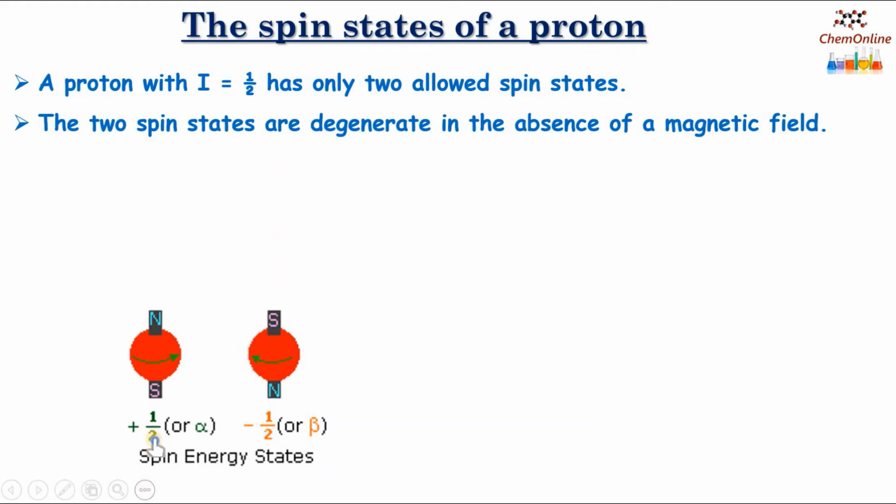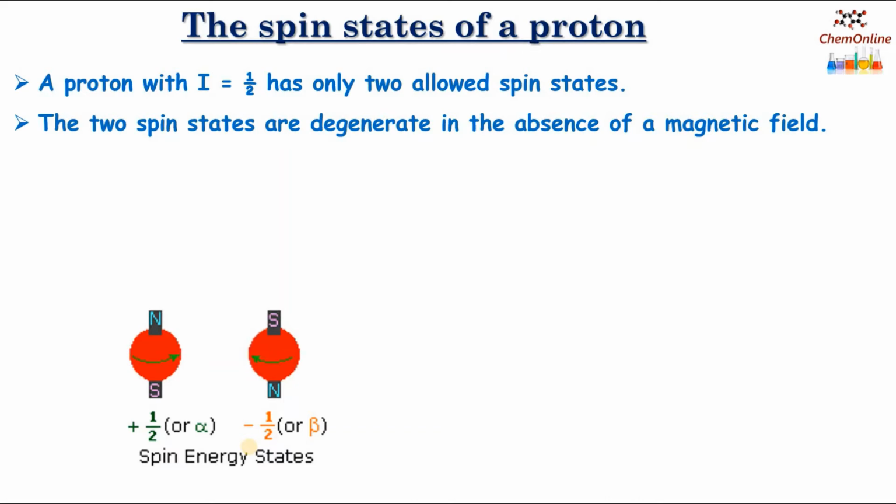And the 2 spin states are represented as plus 1 by 2 or alpha spin, and the other is minus 1 by 2 or beta spin. The one with the alpha spin is spinning clockwise and the one with the beta state is spinning anti-clockwise. So these are the 2 spin states of a proton which are having the same energy, or degenerate, in the absence of a magnetic field.